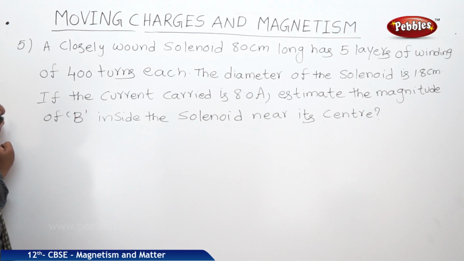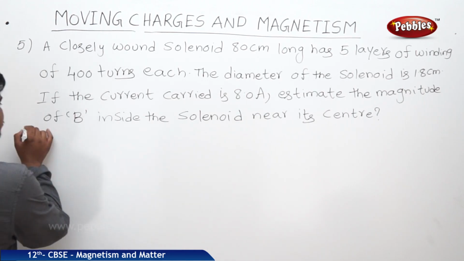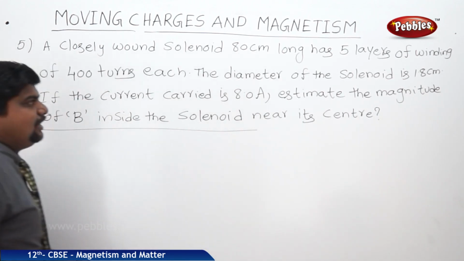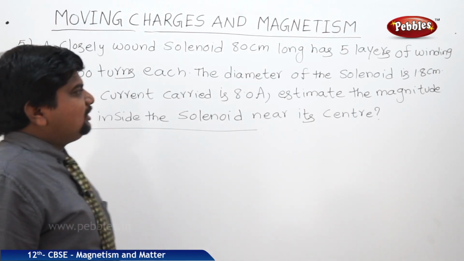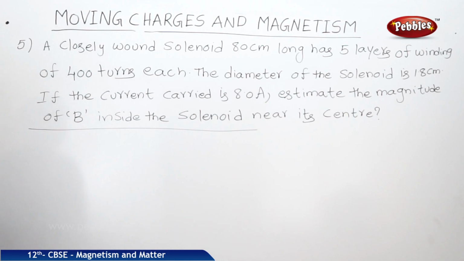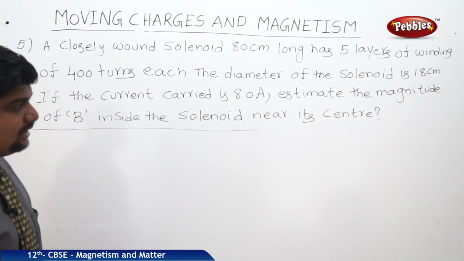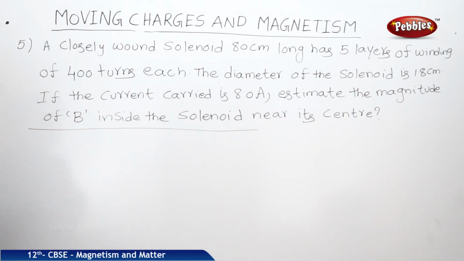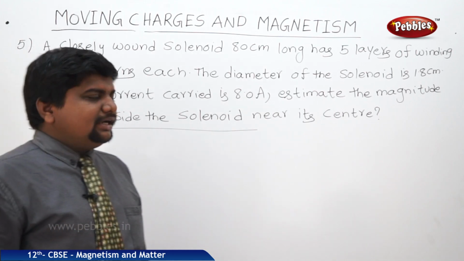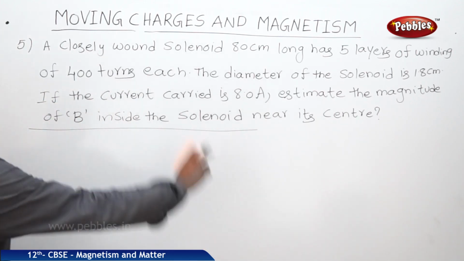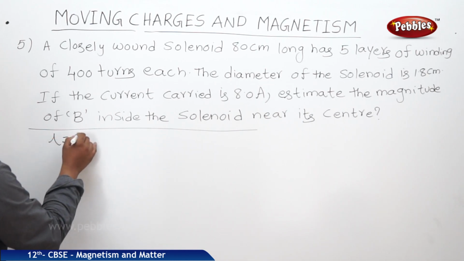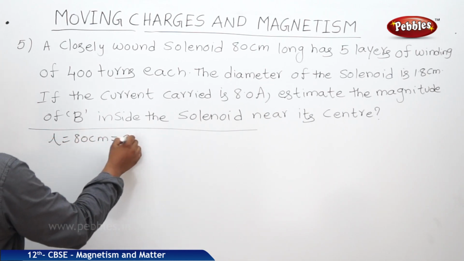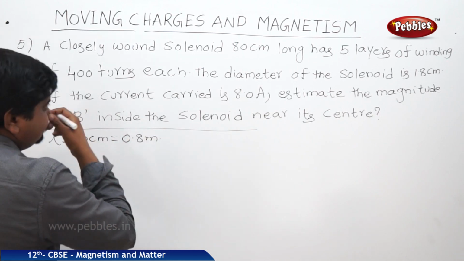A closely wound solenoid 80 centimeters long has 5 layers of windings of 400 turns each. The diameter of the solenoid is 1.8 centimeters. If the current carried is 8 amperes, estimate the magnitude of B inside the solenoid near its center. So we should write, length is 80 centimeters, we can write 0.8 meters.